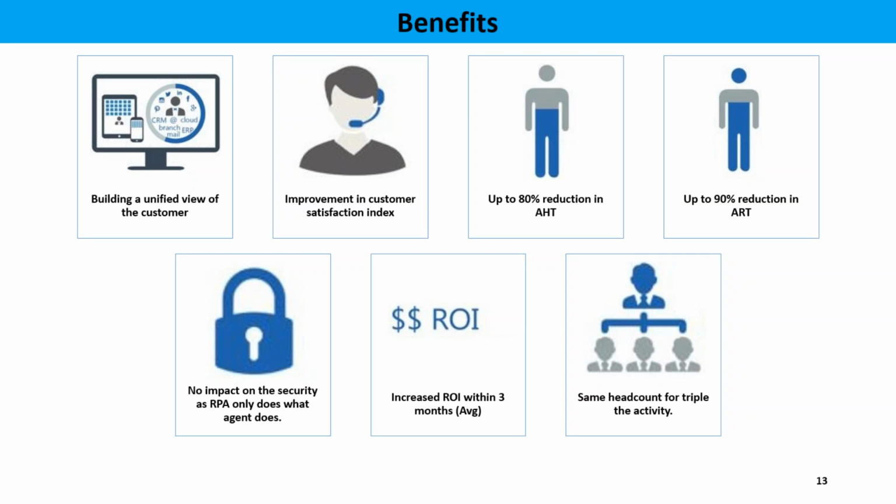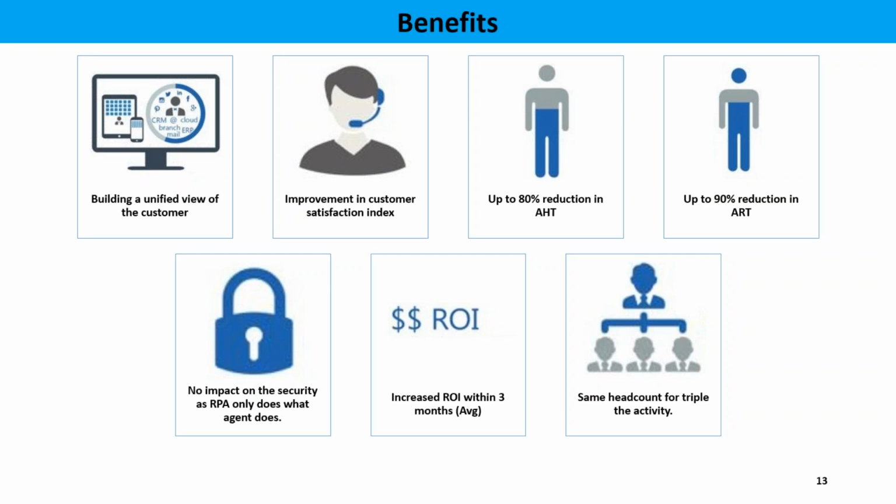But if you implement RPA, that robot can work 24/7. That means only one resource. You can consider that one resource can work 24/7, and you can save the money of 2 resources straight away. So it can give us the same headcount for triple the activity.